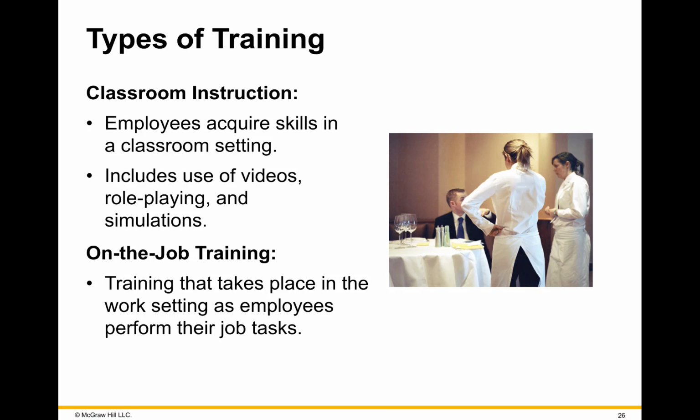Managers often use on the job training on a continuous basis, to make sure that all the subordinates keep up to date with changes in the goals, technology, or customer needs and desires.